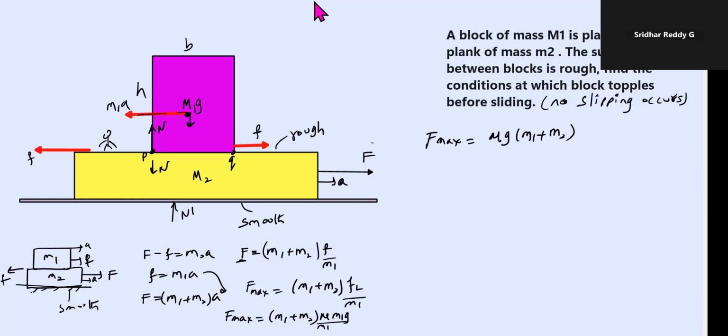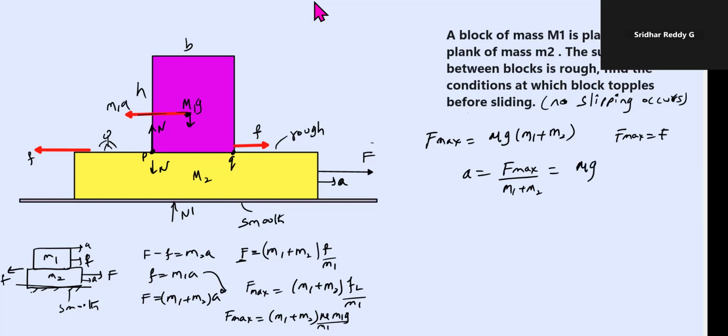I got this value of F. Now we'll calculate the acceleration. Acceleration will be F max by (m1 plus m2), which should be equal to mu g.